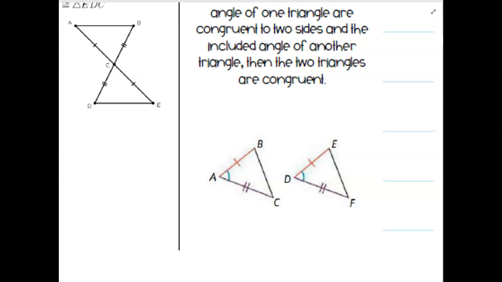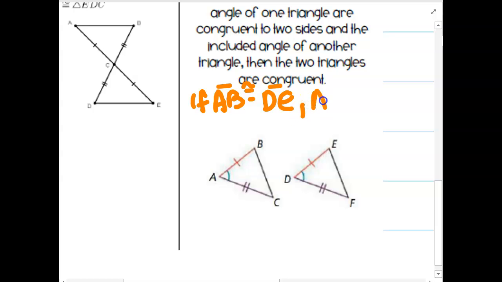So, for this one, if AB is congruent to side DE and side AC is congruent to side DF, so we have our two sets of congruent sides, then once again, it has to be the included angle.